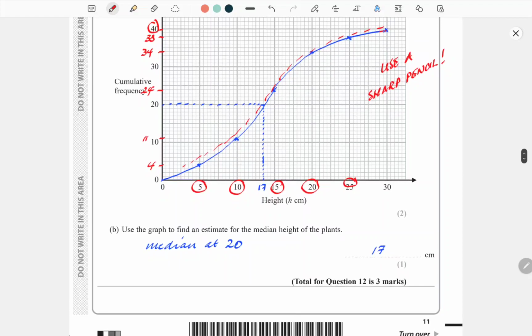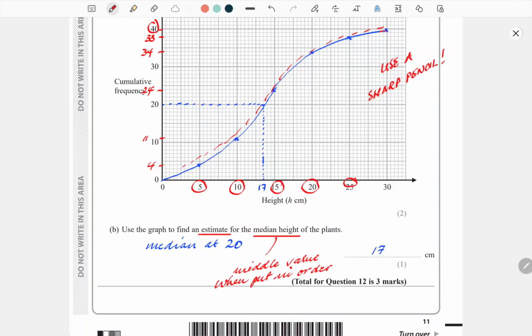And then it says use a graph to find an estimate for the median height. The median height is the middle value when put in order, is a short definition of median.